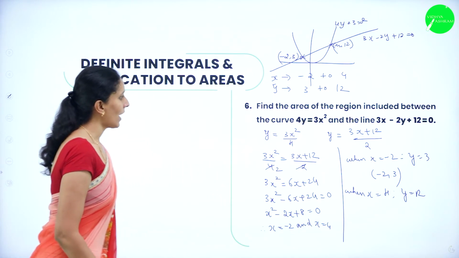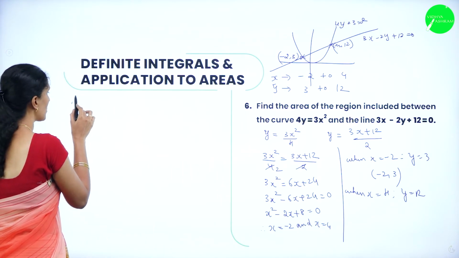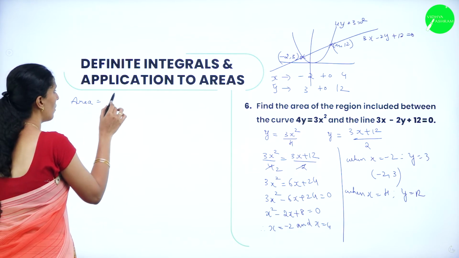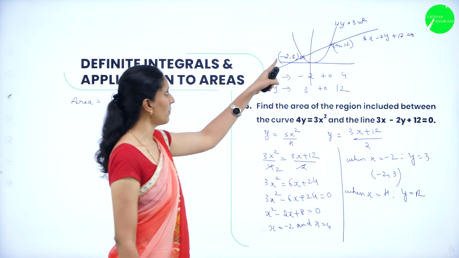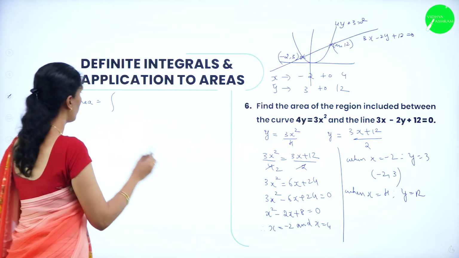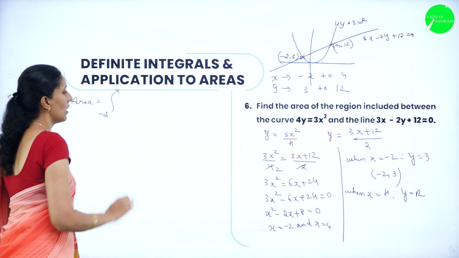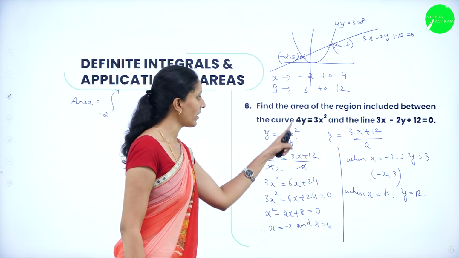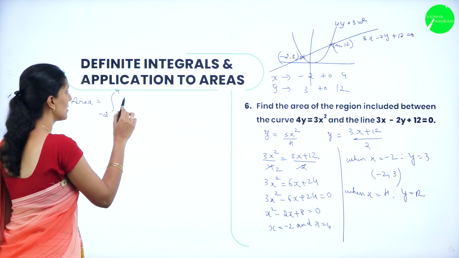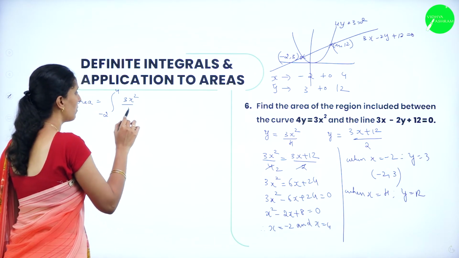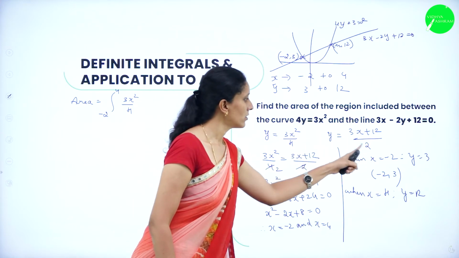So let me write the given total area. So area is equal to integration. I'll take the x limits minus 2 to 4. Let me take this as f of x. So therefore f of x is 3x square divided by 4. And this as g of x.